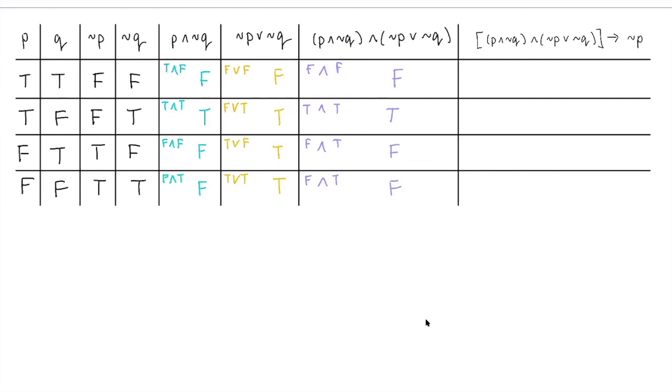Okay. Now I'm good to go ahead and talk about my end conclusion. So I want to put my premises first. I want to put my conclusion, which is not P, which is false, false, true, true. And we're doing our conditional. And so we've got a problem.